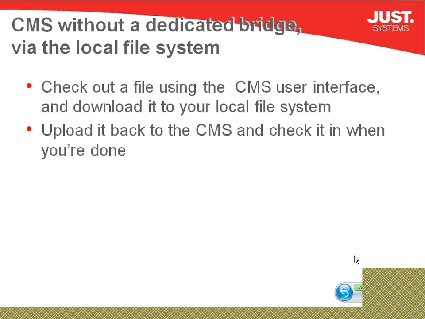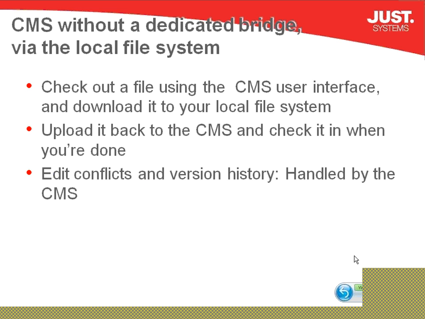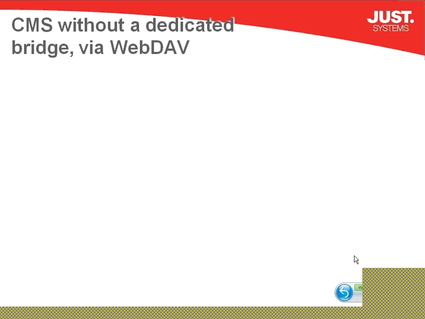So this is a really awkward or, sometimes unworkable way of doing it. It will mean that when something's checked out, it's properly checked out, and versioning is also going to be handled as well. But it's not a great way of working with things.